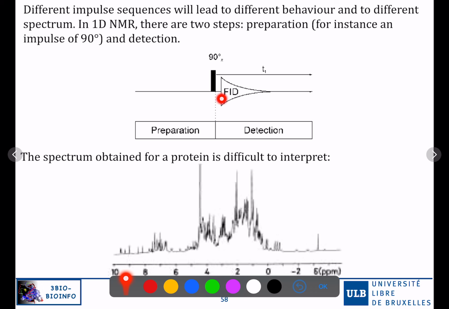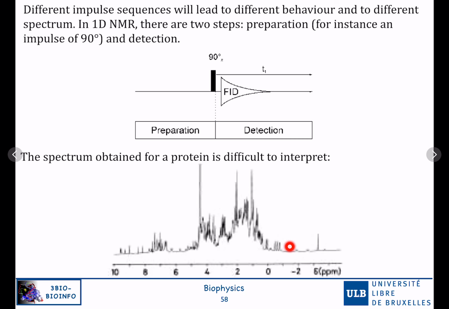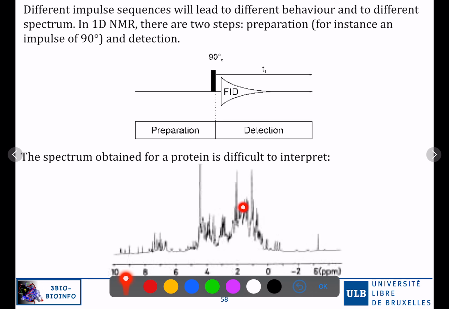And after that, you have the relaxation, the detection phase, where you will detect. And what you obtain is finally a spectrum. The different peaks that you have here represent the frequency of resonance of the different types of nucleus.